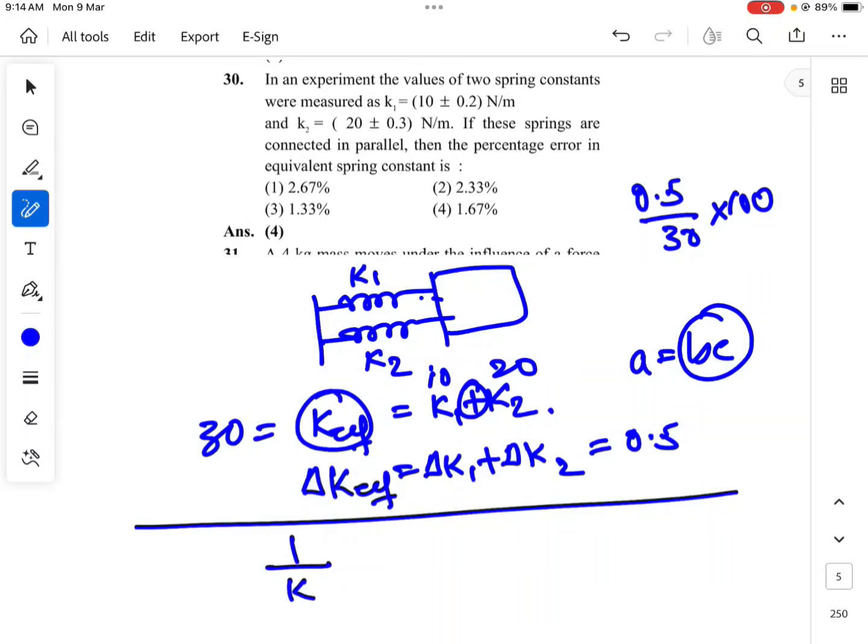Now, suppose the question were given like this, that is, if the springs are connected in series, that is 1 by K effective will be equal to 1 by K1 plus 1 by K2. Here, you may have to use a different way to find the error in K effective.